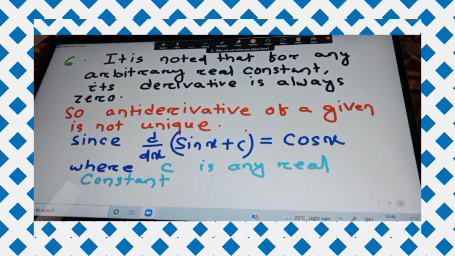It is noted that for any arbitrary real constant, the derivative of a constant function is always 0. So the antiderivative of a given function is not unique.